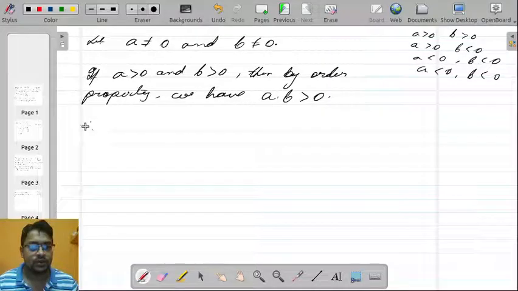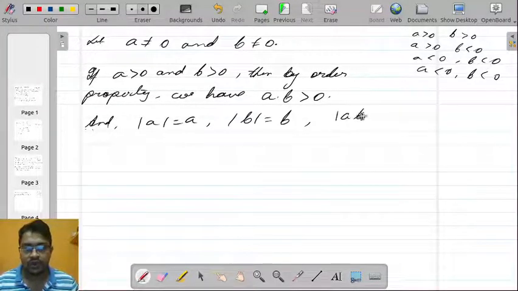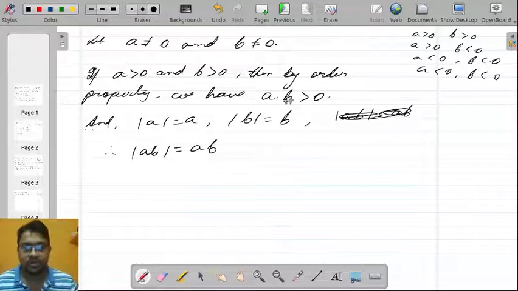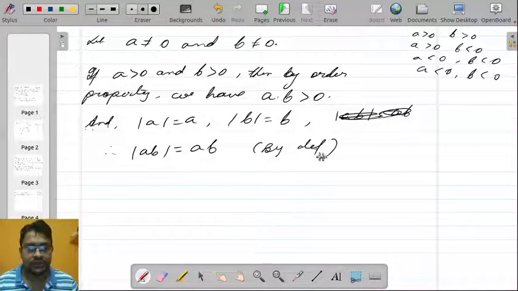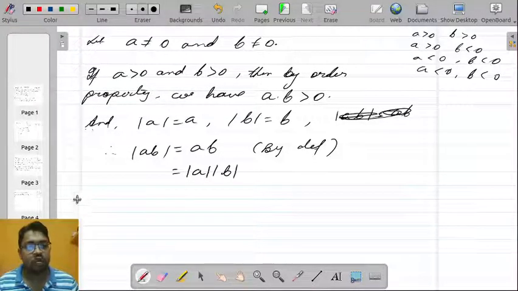So therefore mod of a is equal to a, mod of b equal to b, and mod of ab is equal to ab. Why is it ab? Because ab is greater than 0, so this follows by definition. But this a I can write as mod a, b I can write as mod b. So mod of ab is the same as mod a mod b, right?